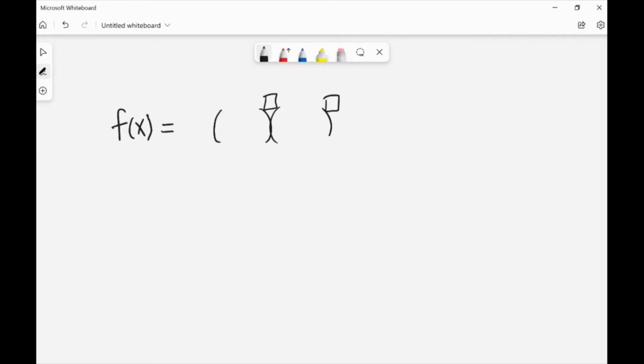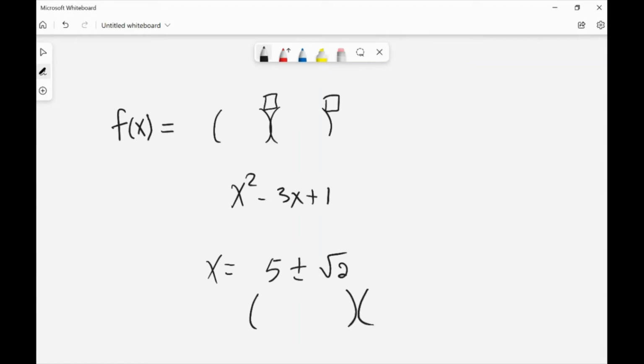If it was something you couldn't factor, but you broke it down into something like, I'm just making it up, plus or minus square root of 2, then you just broke it down into these types of factors. It's going to be x minus 5 plus square root of 2 to the first power, and then x minus 5 minus square root of 2. You get what I'm saying?